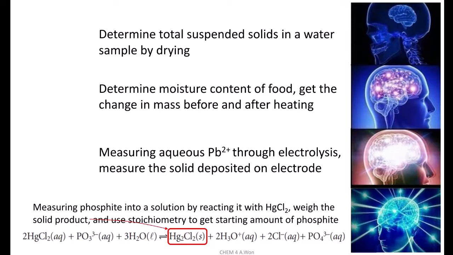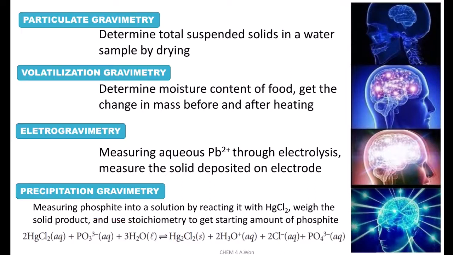The examples I've mentioned here fall under the different types of gravimetry methods, specifically particulate gravimetry, wherein the mass of the analyte is determined following its separation from the matrix, volatilization gravimetry, wherein the loss of a volatile species gives rise to the signal, electrogravimetry, wherein the signal is the mass of an electrodeposit on the cathode or anode in the electrochemical cell.